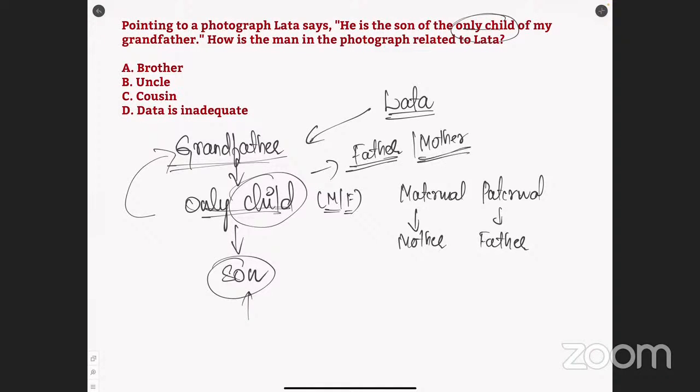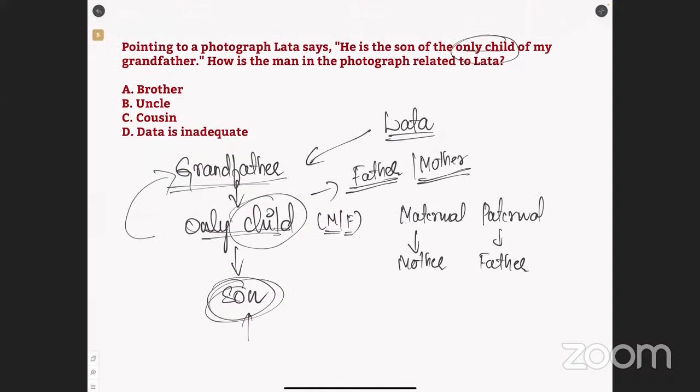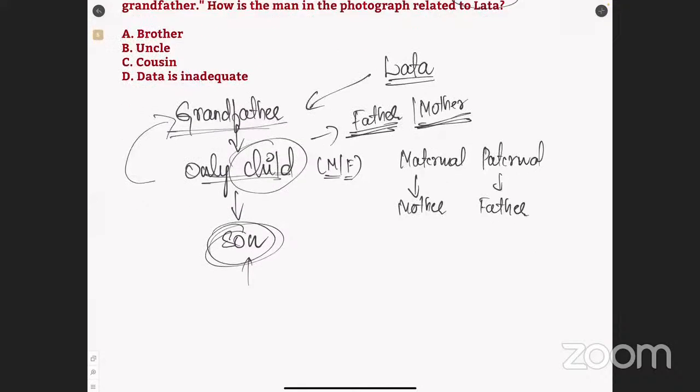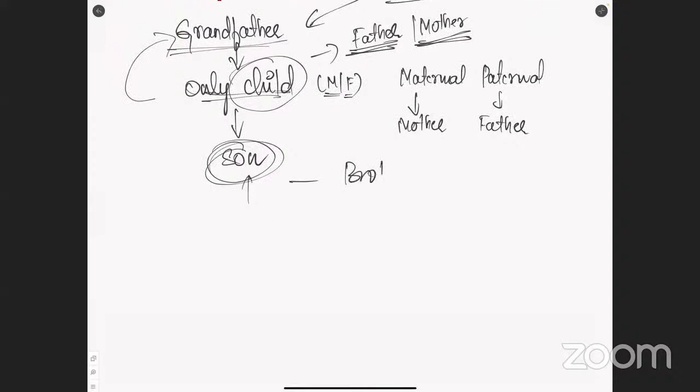Now, what is Lata saying? Indirectly, she is saying whoever this person is in the photograph is the son of the father or mother of Lata. That means it is none other than her brother.